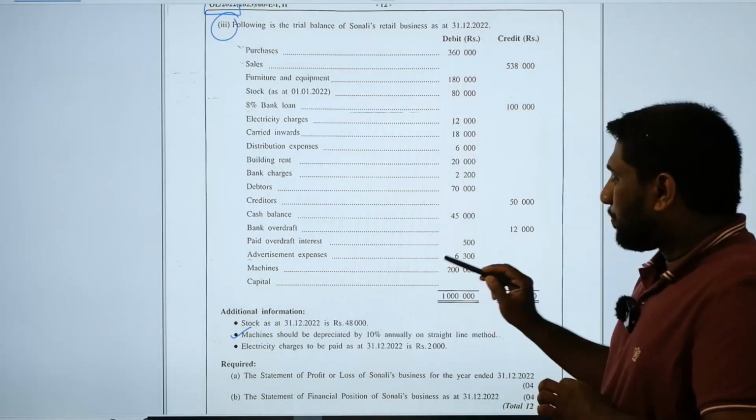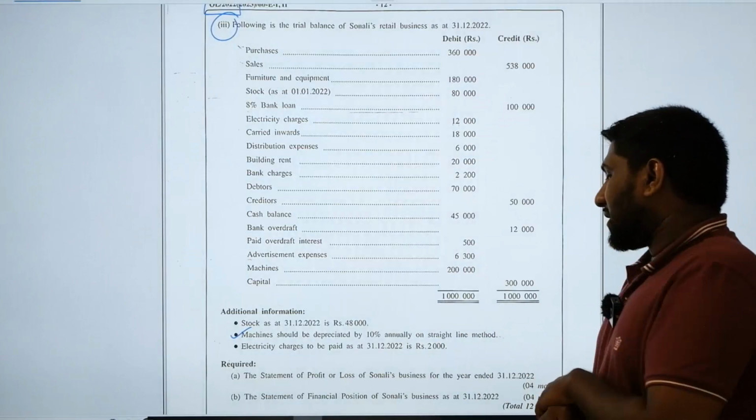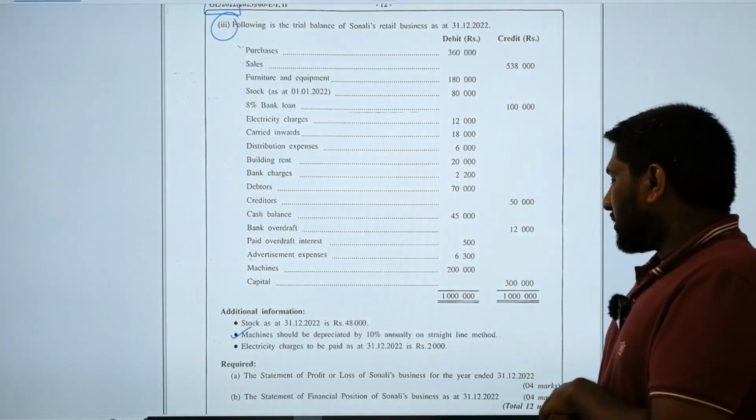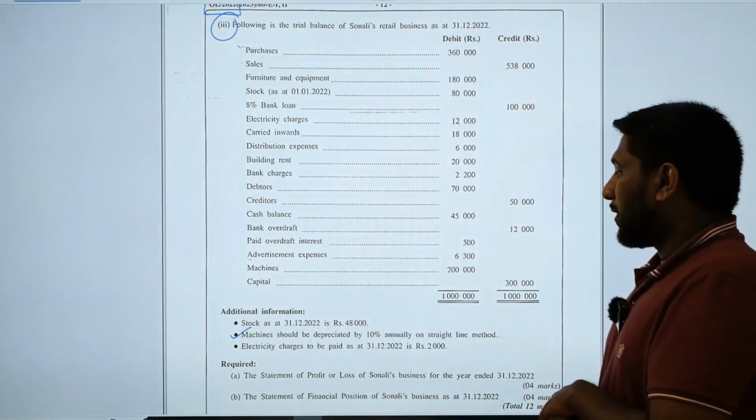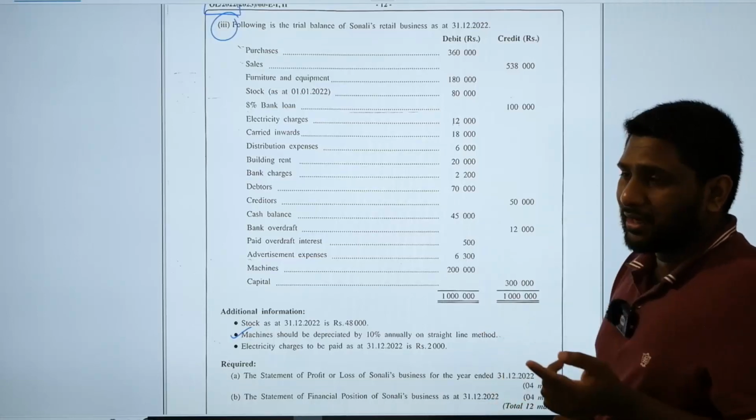Electricity charges to be paid, that means not yet paid, as at 31st December is rupees 2,000. Electricity not yet paid. So understand the double entry.